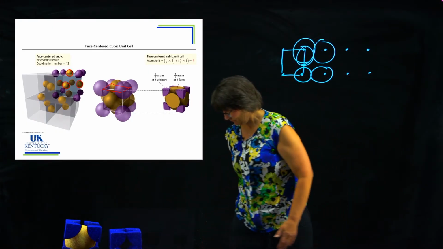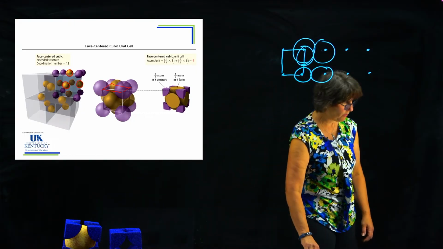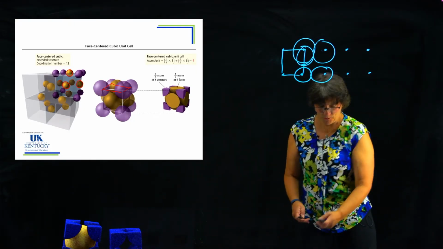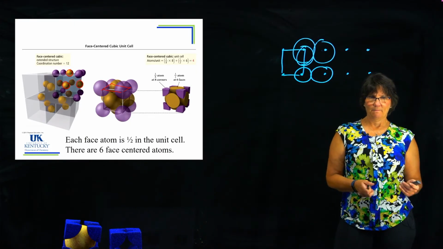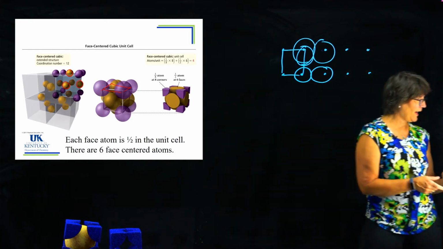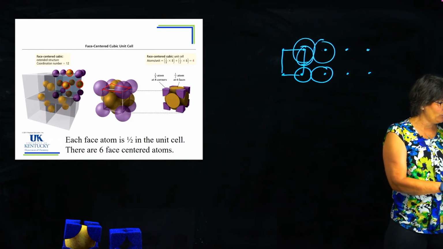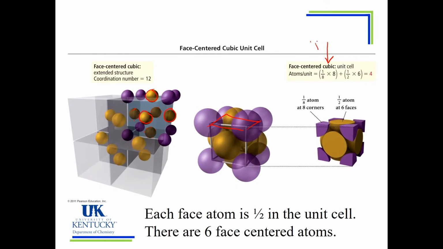So we will, oh, I'm not very kind to my models there, am I? We will look at our numbers here. So we've got our corners, which are purple in this image. We've got our faces, which are yellow in this image.